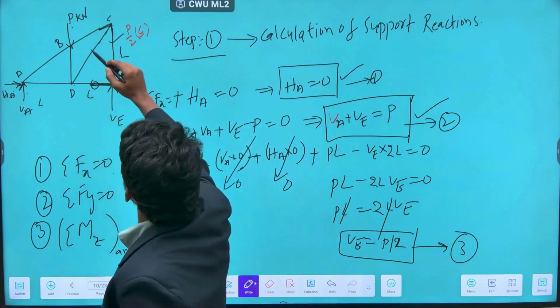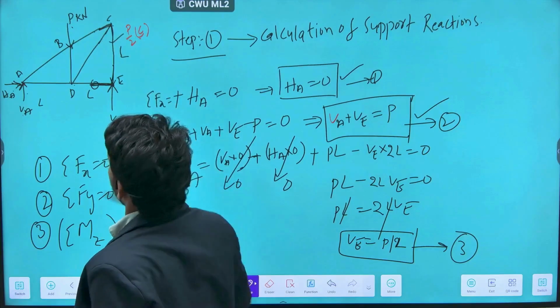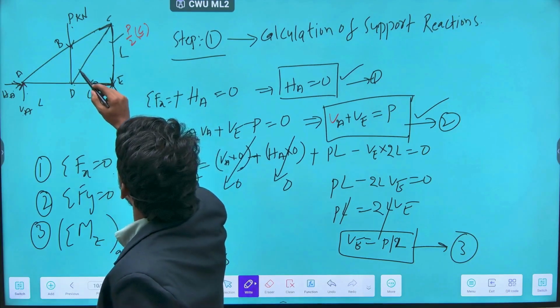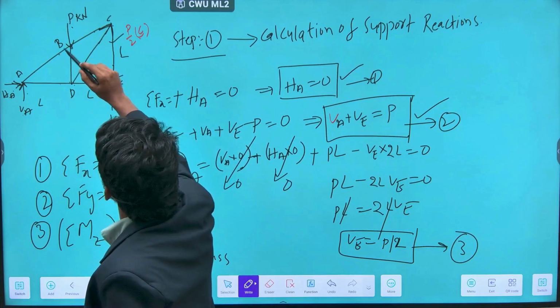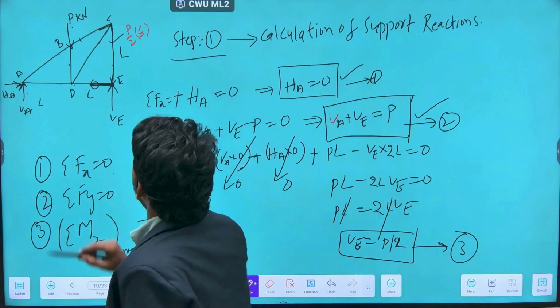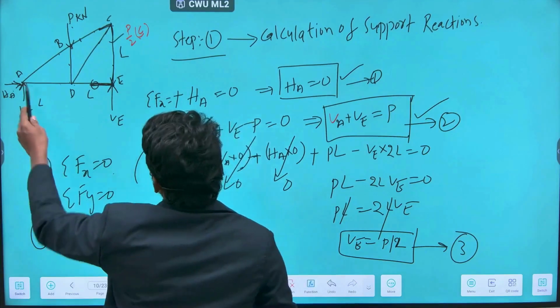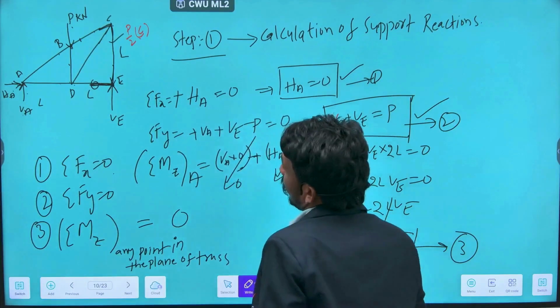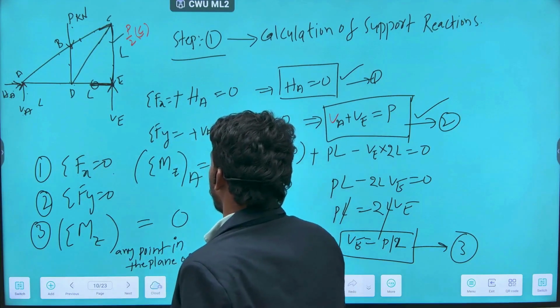So again if I go to this joint, I have two unknowns here. If I go to this joint, I have 1, 2, 3 unknowns here. If I go to this joint, I have 1, 2 and 3 unknowns here. If I go to this joint, I have 2 unknowns here. So what I'll do is, I'll go to joint A and draw the free body diagram of joint A and calculate these two member forces.